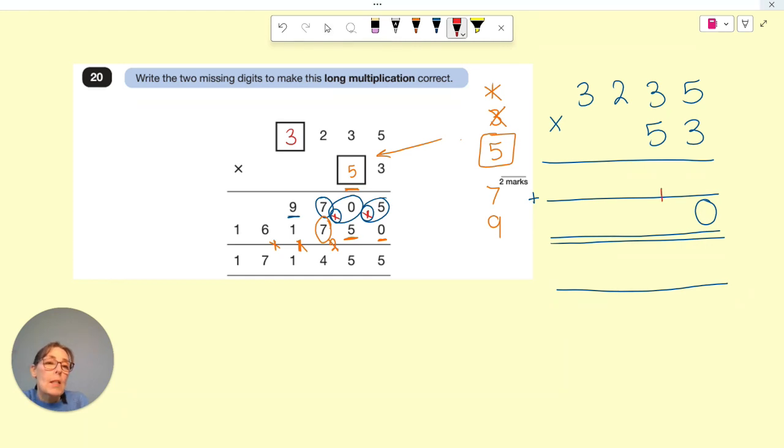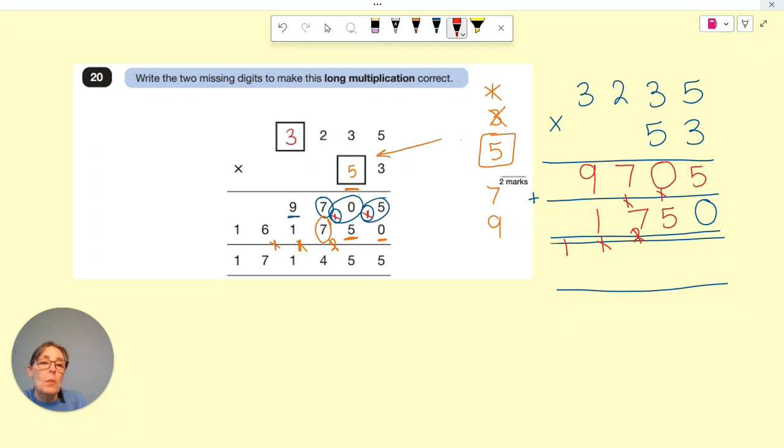3 times 5 is 15. 3 times 3 is 9, add 1 is 10. 3 times 2 is 6, add 1 is 7, and 3 times 3 is 9. 5 times 5 is 25. 5 times 3 is 15, add 2, 16, 17. 5 times 2 is 10, add 1 is 11.